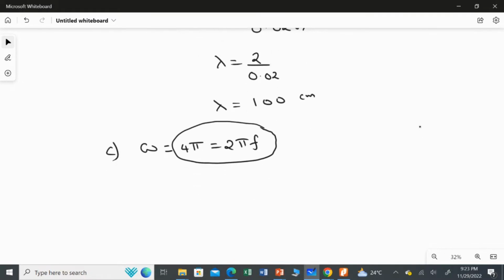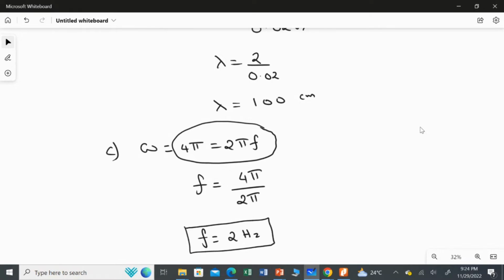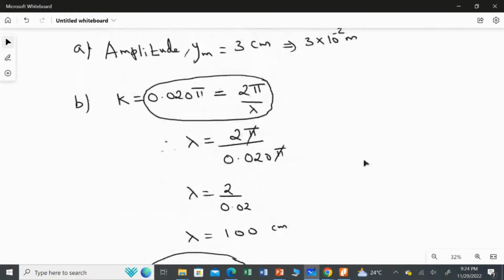The value 4 pi is given in the question, and the formula for angular frequency is 2 pi f. So the linear frequency f is equal to 4 pi over 2 pi. You can cancel, and you will get the linear frequency as 2 hertz. This is the answer for the third question.